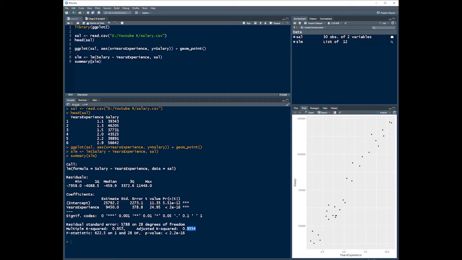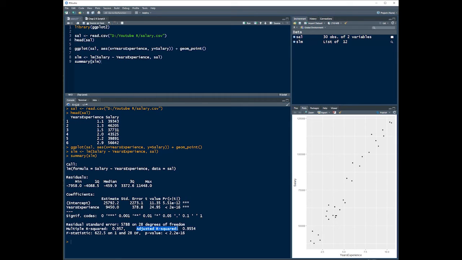That means how much variability is being explained by the independent variable. In this case, we have only one. So 0.957 means 95.7% variability is being explained by this only one variable, that is years of experience in our case.